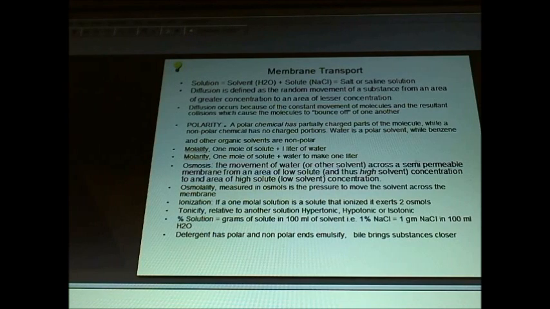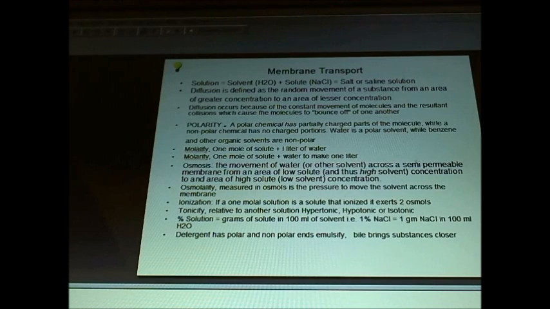Now, another thing you're going to look at, and you're certainly going to see in the medical field, is a percent solution. And that is simply defined as the number of grams of solute in 100 milliliters of water. So a 5% glucose solution is 5 grams of glucose dissolved in 100 milliliters of water.